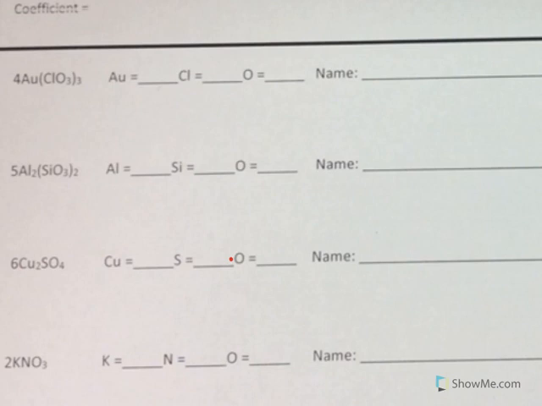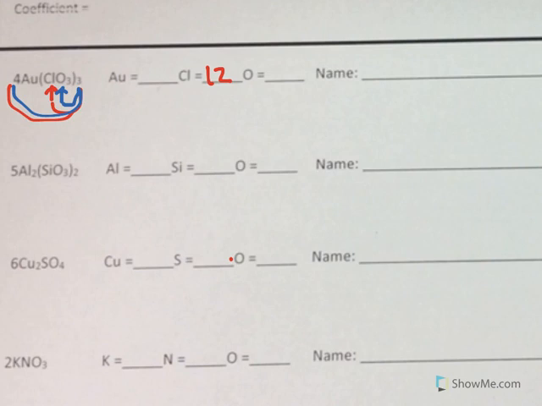So let's do this. Starting with the inside of the parentheses, let's start there. We have 1 chlorine times 3 would be 3 chlorines, times the 4 in front would be 12 chlorines. Then we have 3 oxygen times 3 would be 9, times 4 would be 37.